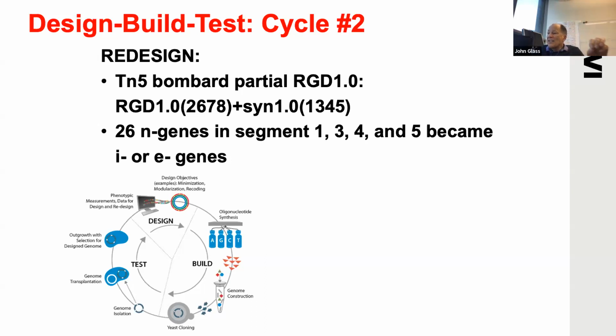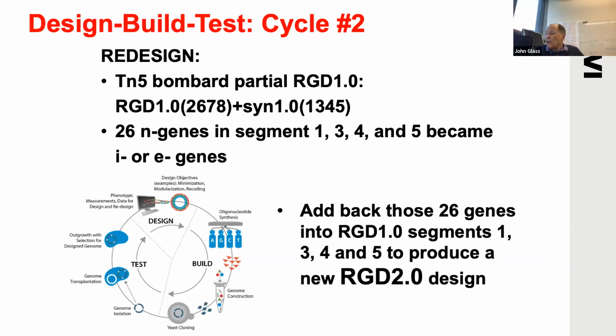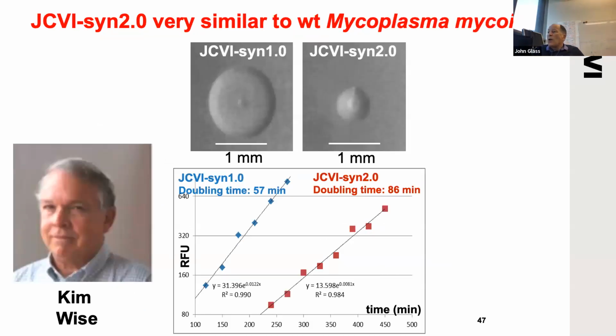And we found 26 of those genes in segments 1, 3, 4, and 5, which were in the non-reduced segments here. And so we did not take those out of 1, 3, 4, and 5, and we built a new reduced genome design 2.0. And we booted that up and we got a cell which we call JCVI 2.0.